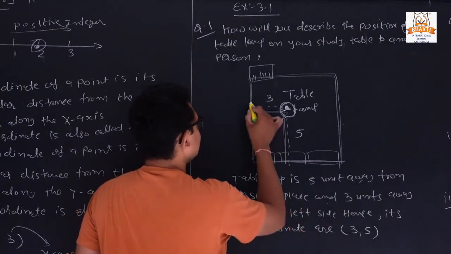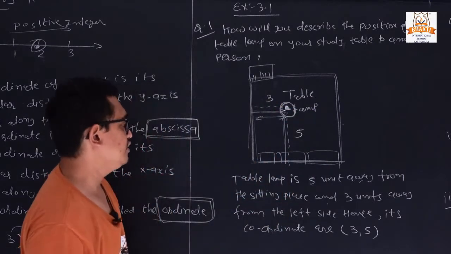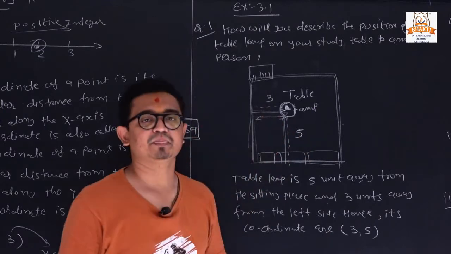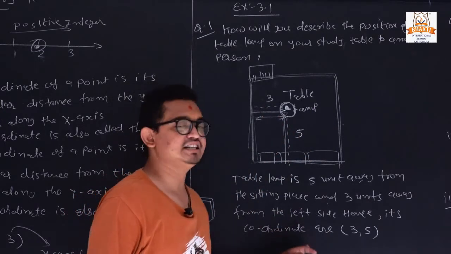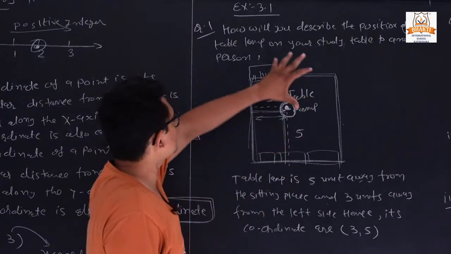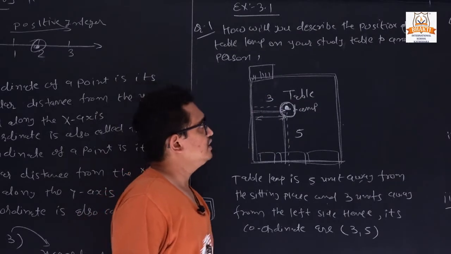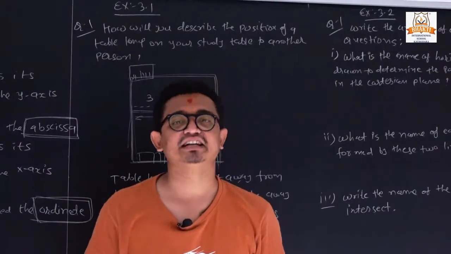So its coordinates are (3, 5). We can easily explain by using coordinate geometry the position of the table lamp in my study room.